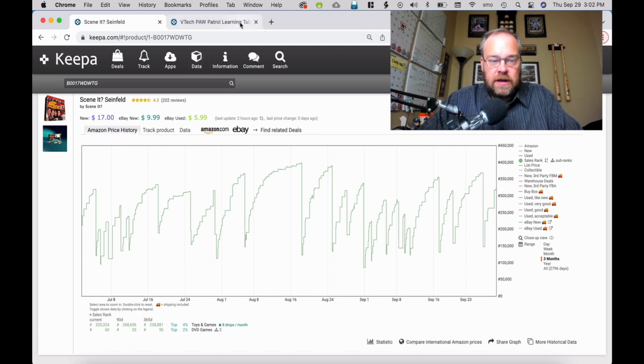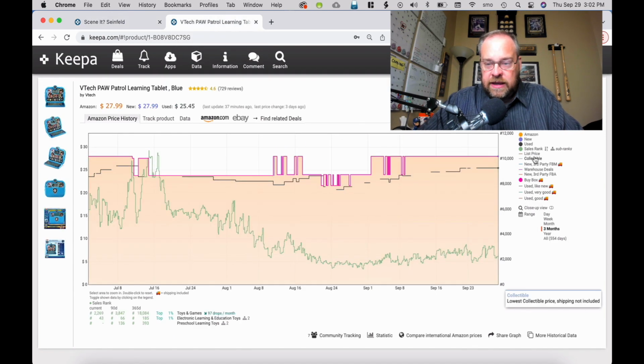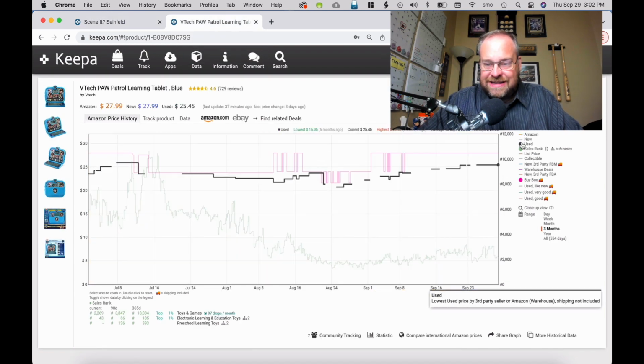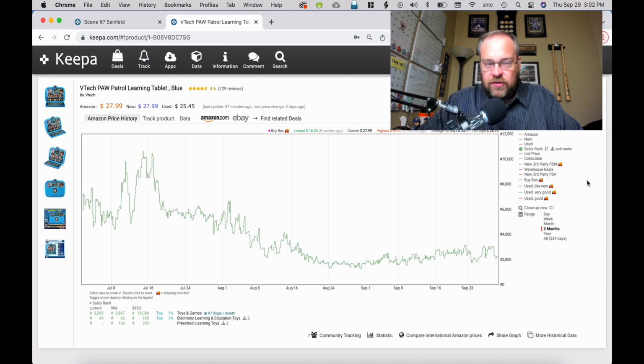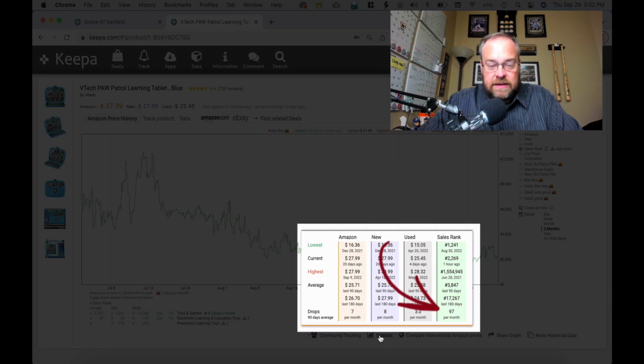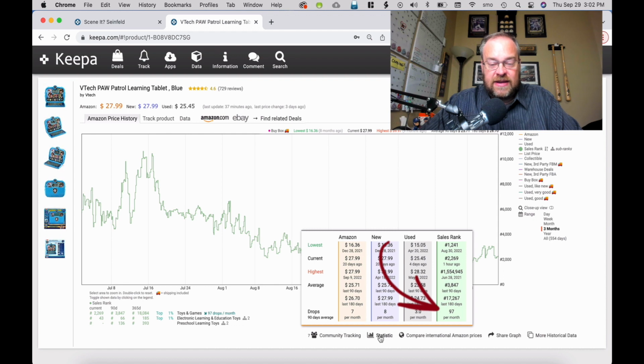Let's take a look at another graph, just so you know what I mean. Again, we need to get rid of all the information except for the sales rank information. This is a VTech Paw Patrol Learning tablet. This is selling a lot. So you really aren't able to count the drops here, which is good because that's why there's a statistics graph. With these statistics, Keepa is counting for you. 97 a month, at least 97 sales a month.